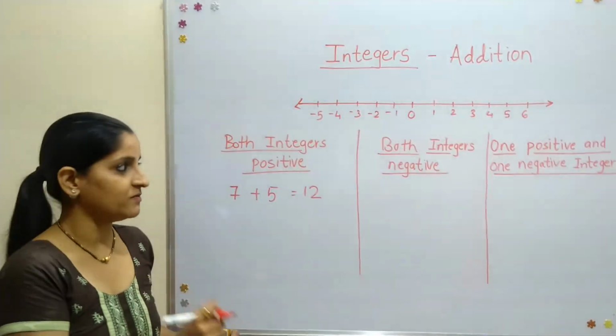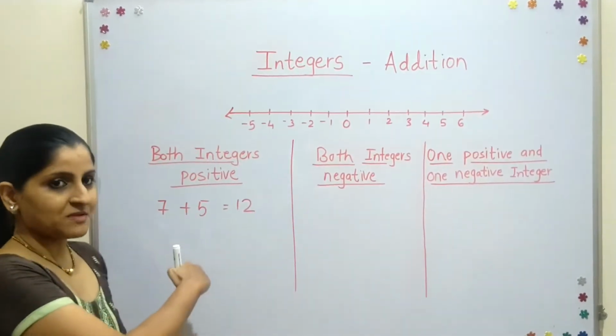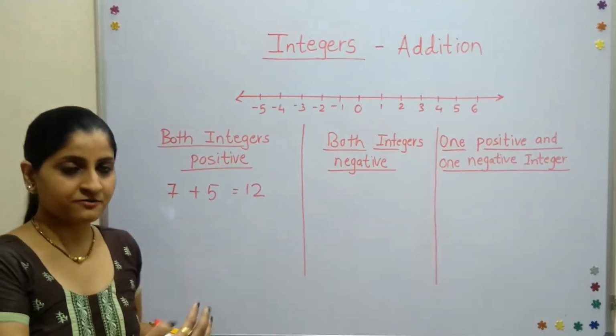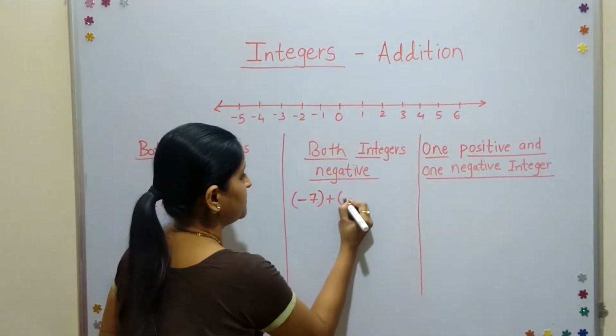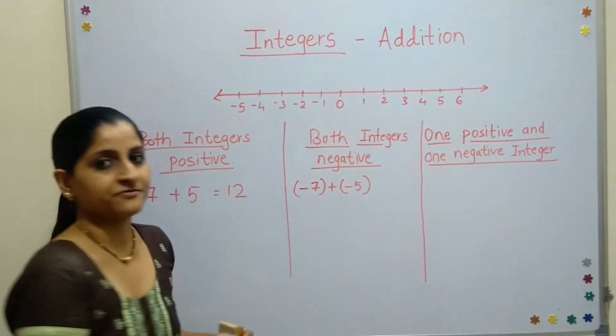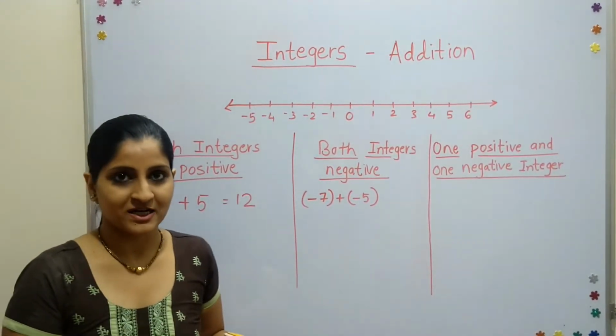Let's quickly move forward. If both integers are negative, I will take the same numbers but put them with a reverse sign. Now there is negative 7 plus negative 5. What will you do in such a case when both the integers are negative?